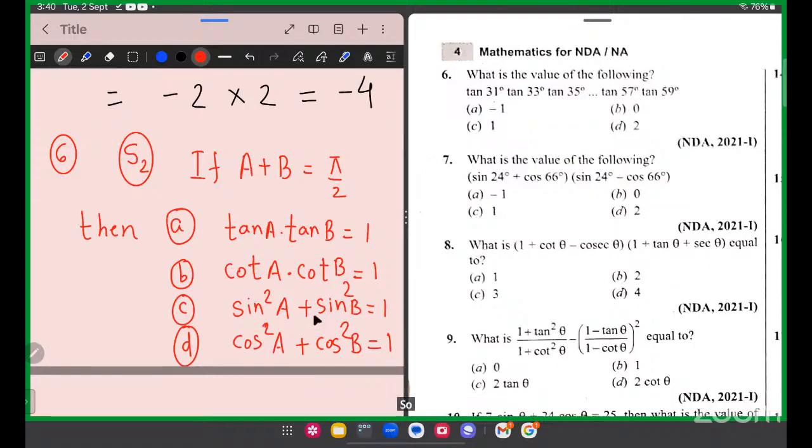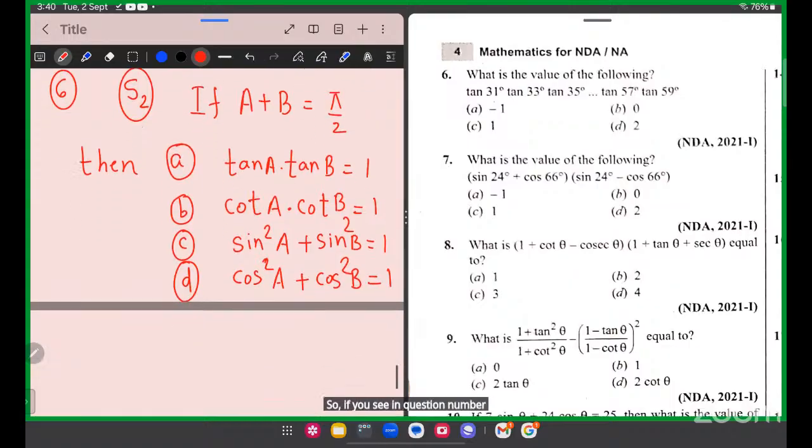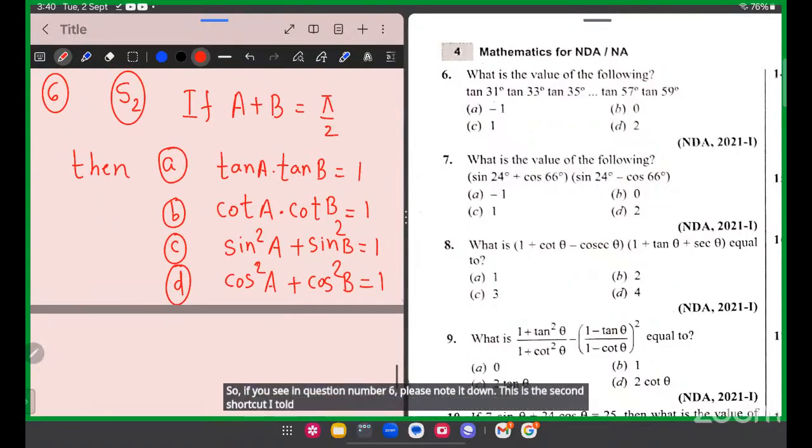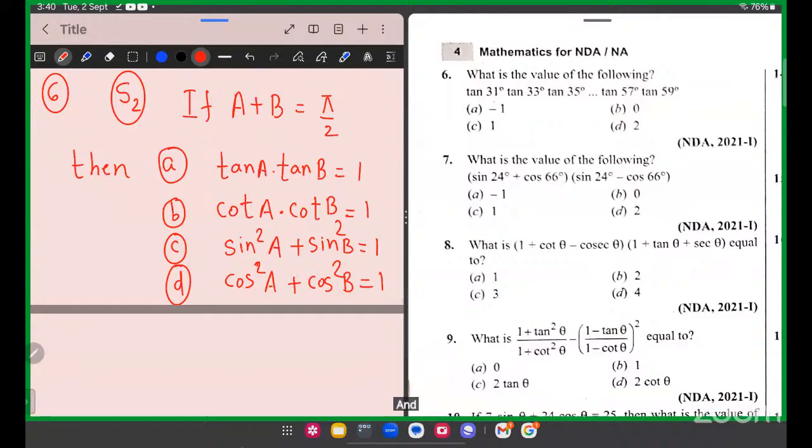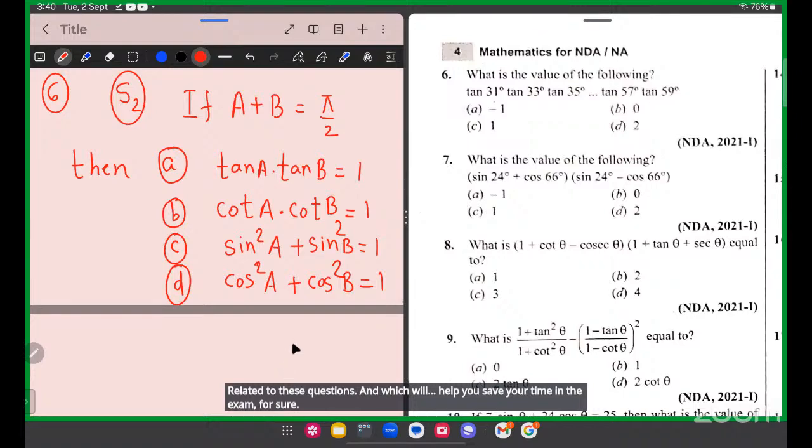So if you see in question number 6, please note it down. This is the second shortcut I told you. And along with these questions, I'm going to tell you so many shortcuts related to these questions, which will help you save your time in the exam for sure, right?